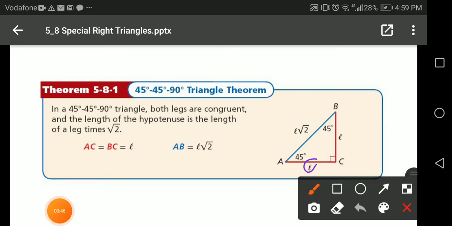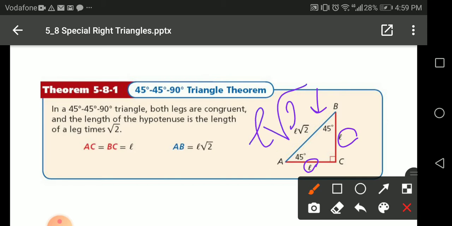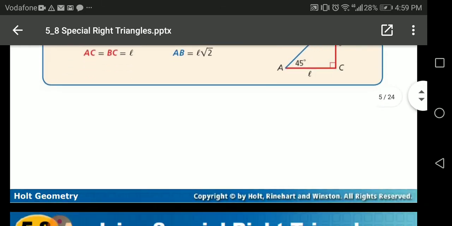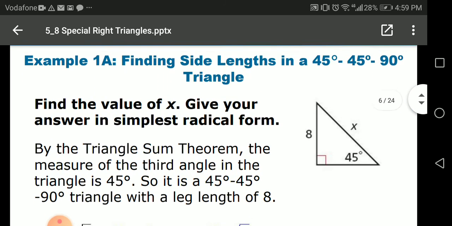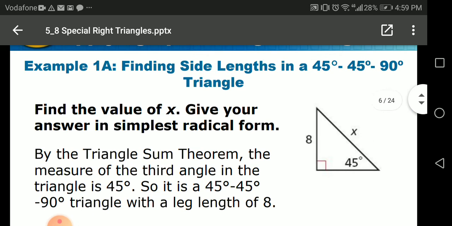We know the legs of the triangle, and this is the hypotenuse. Therefore the hypotenuse of the triangle will be L square root 2. The hypotenuse equals the length of the leg times square root 2. Let's solve exercises on the 45-45-90 triangle.